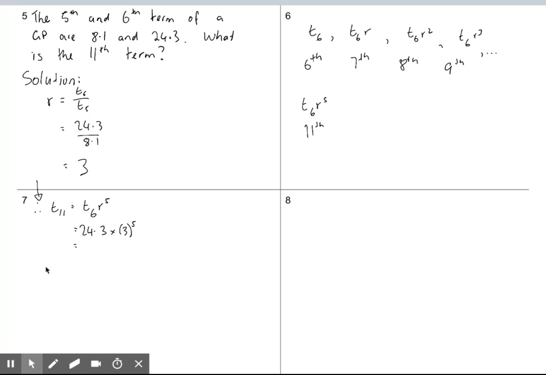And that's equal to something. Let's flick over. 24.3 times 3 to the power of 5. Just doing this on my calculator. And I get 5,904.6. Just calculator operations.